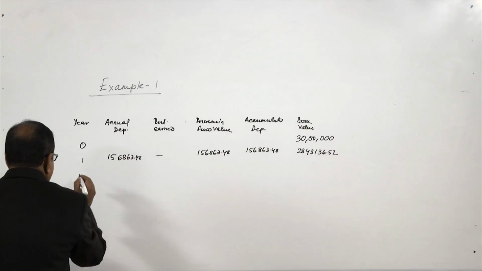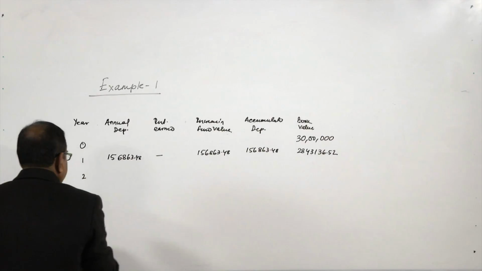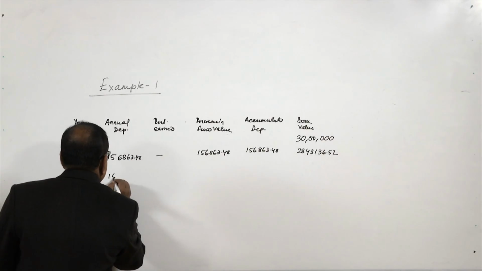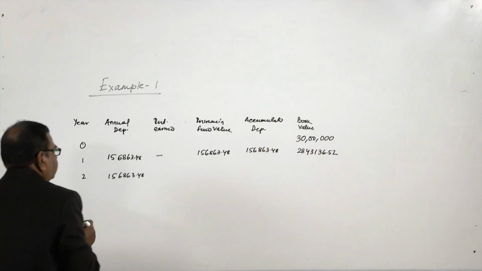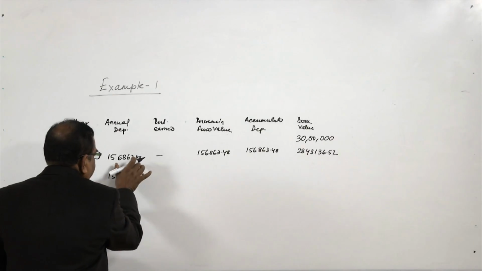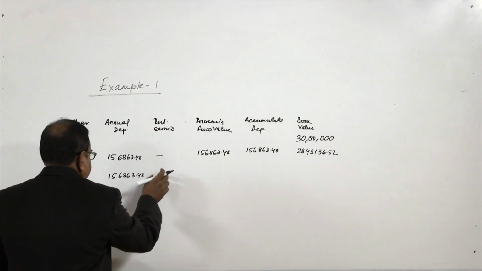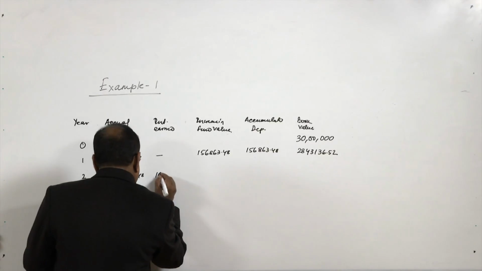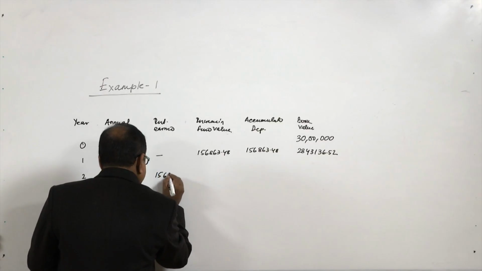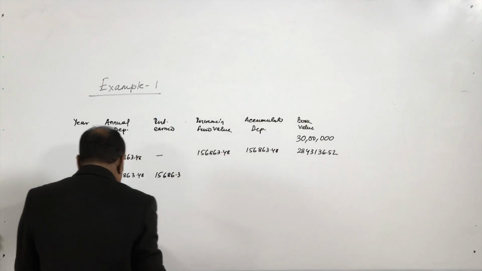Now, in the year 2, again I will have annual depreciation of 156,863 because it will not change with time, but here this money will earn an interest which will be 10% of this, the interest is 15686.3.